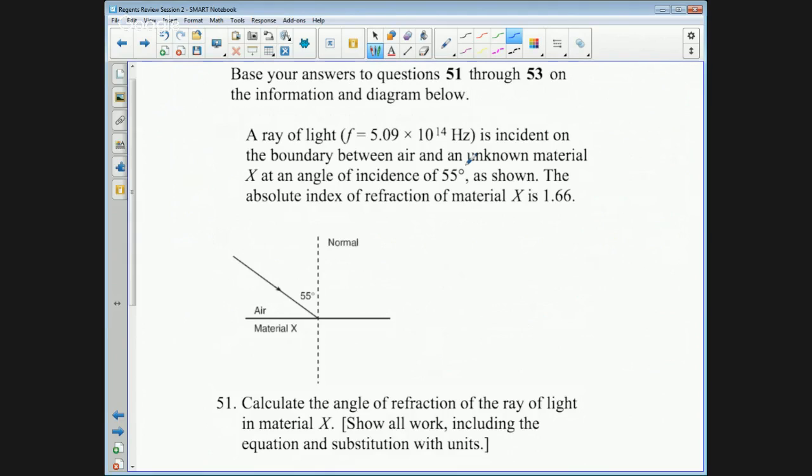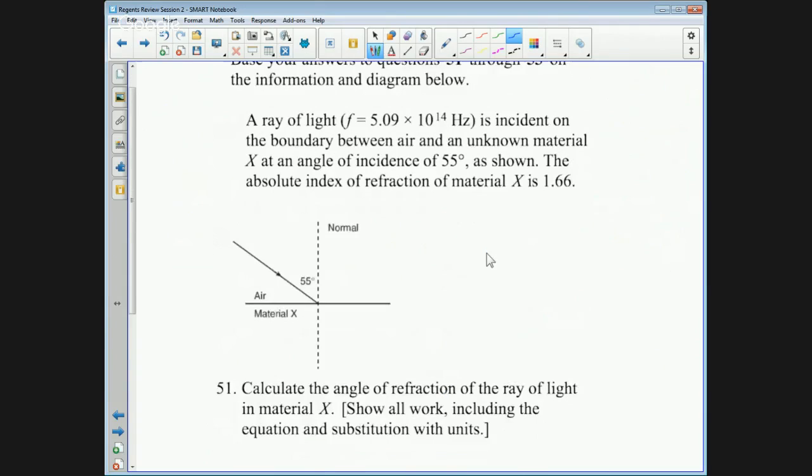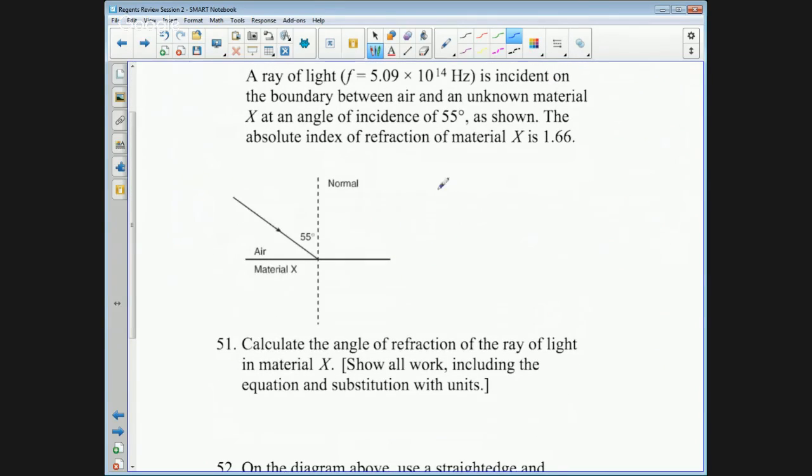The absolute index of refraction of material X is 1.66. Calculate the angle of refraction of the ray of light in material X. For the angle of refraction, we use this formula: n1 sine theta 1 equals n2 sine theta 2.